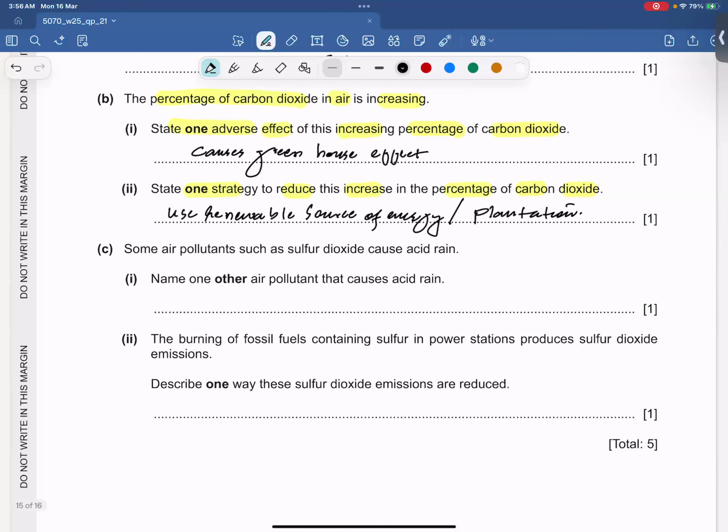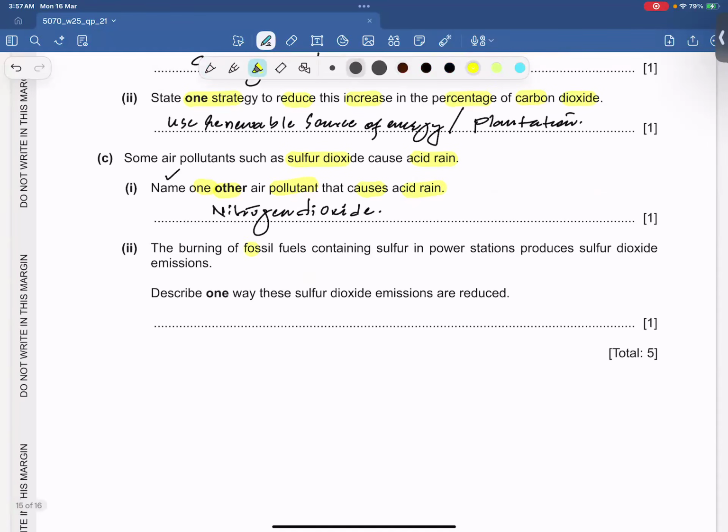Okay. Some air pollutants such as sulfur dioxide cause acid rain. Name one other air pollutant that causes acid rain. Nitrogen dioxide. An examiner is looking for the name, which is why I'm not going to write the formula here. The burning of fossil fuel containing sulfur in power stations produces sulfur dioxide emissions. Describe one way these sulfur dioxide emissions are reduced.